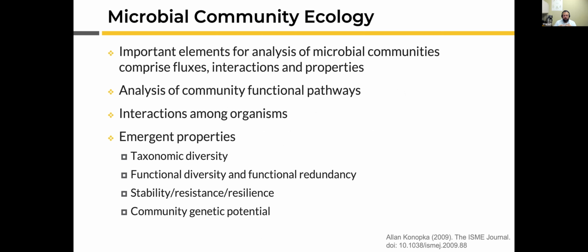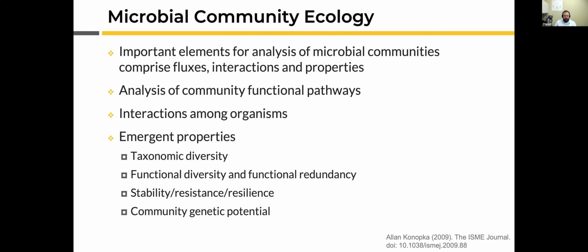So we can look at, in microbial community ecology, similar but more focused or somewhat different aspects of these things that we've discussed. So again, how the microbial communities interact with each other and with the outside environment, functional pathways, so we look at the differences between organisms, but also the difference between, for example, gene functions and perhaps other proteins, different levels, metabolites.